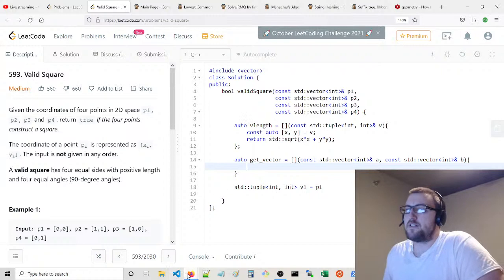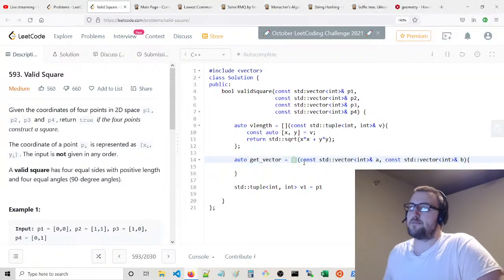We're going to get a vector tuple from two points a and b.